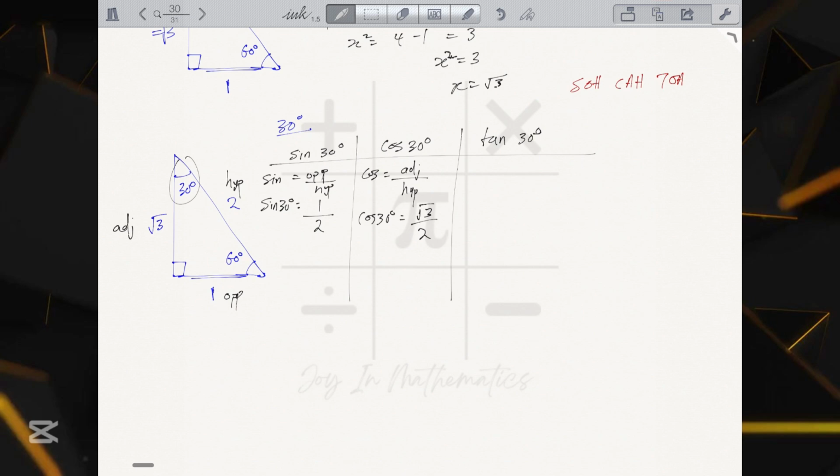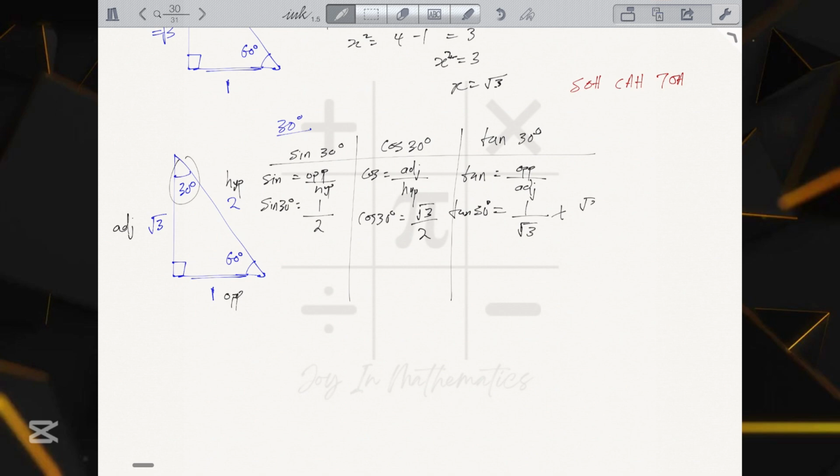Similarly, let's evaluate tan 30 degrees. Tan is equal to opposite over adjacent. The opposite now of tan 30 degrees, opposite is 1, the adjacent is root 3. Now there's a need for us to rationalize the denominator because there is a surd expression at the denominator.